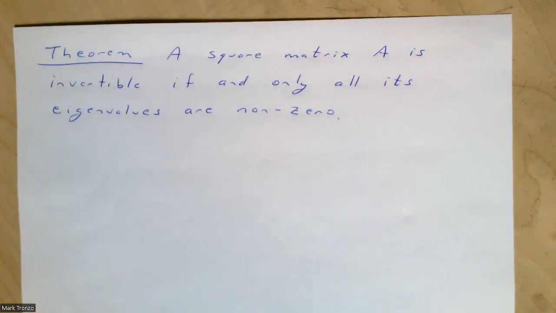So it's if and only if, so that means if all the eigenvalues are not zero, it has an inverse. If any eigenvalue is zero, it does not have an inverse.